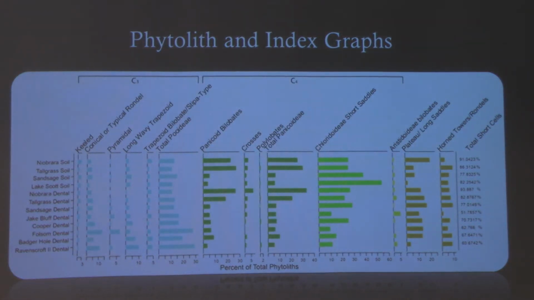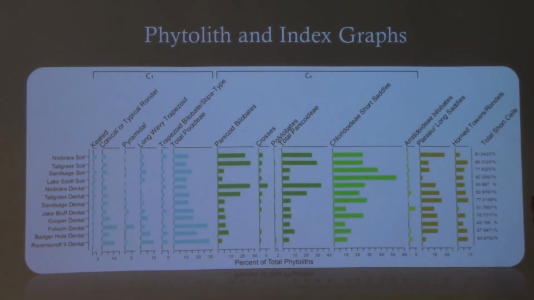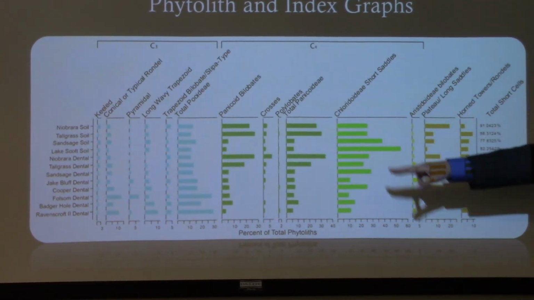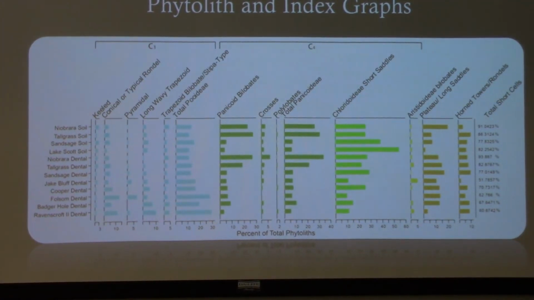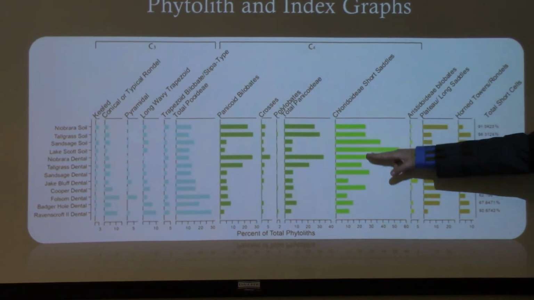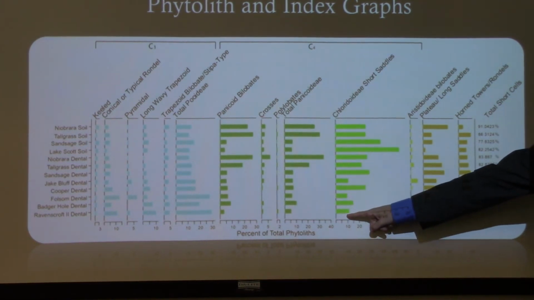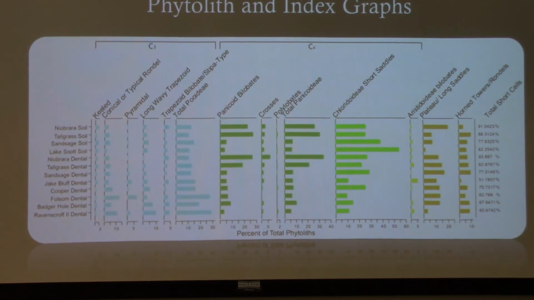So, this is a graph that I suppose is probably pretty hard to see on the video. It just gives you the percent of the total phytoliths by type in each of my samples, starting with the soil samples here on top, then the modern dental samples down to here, and then these are my archaeological site samples there.